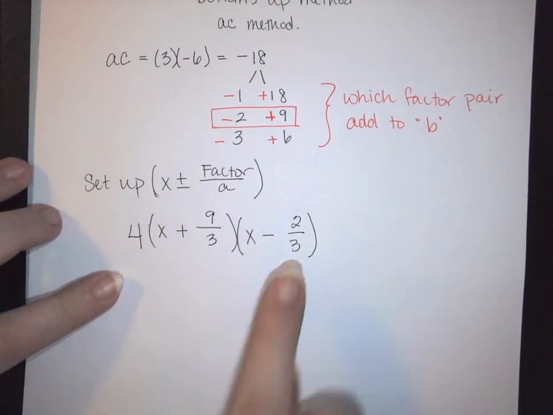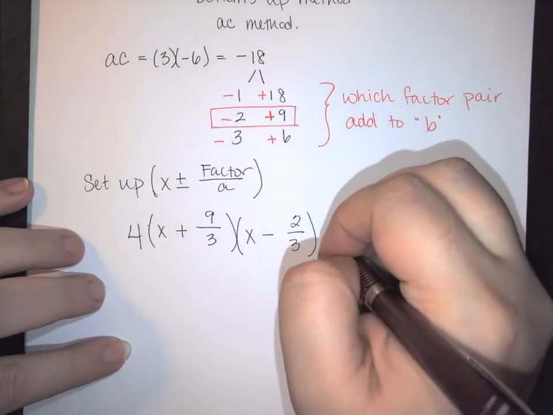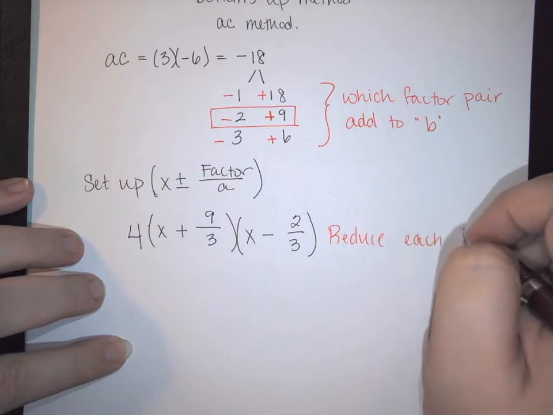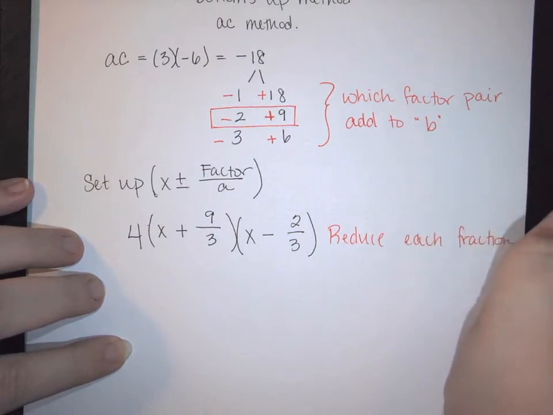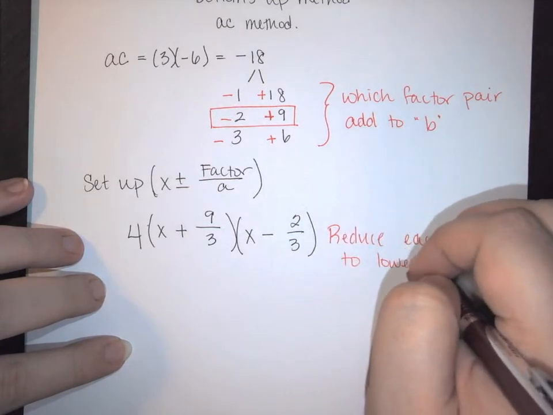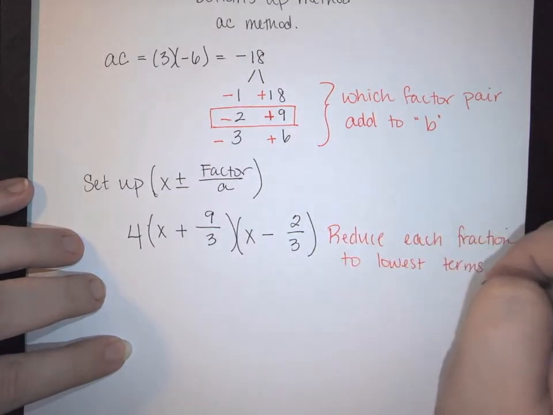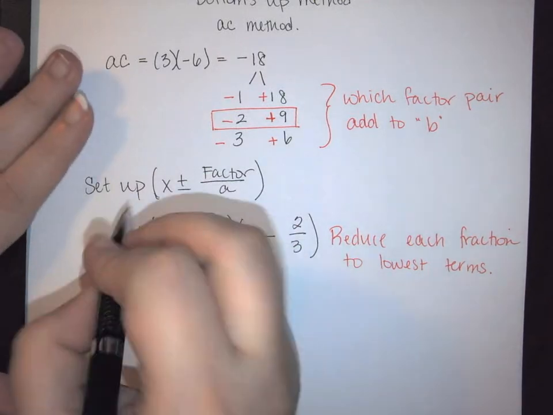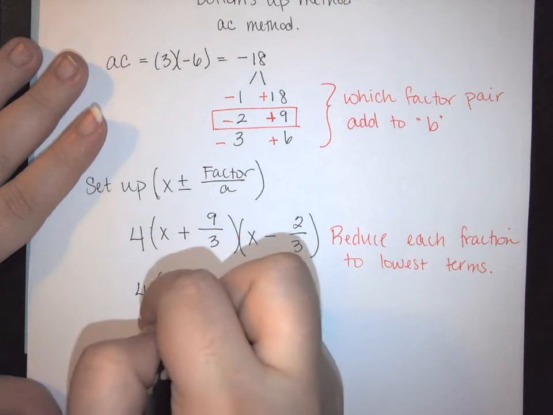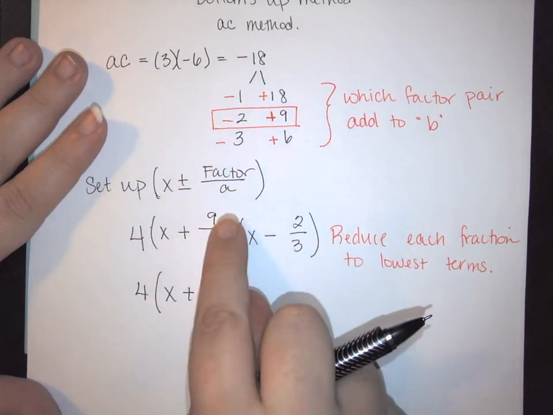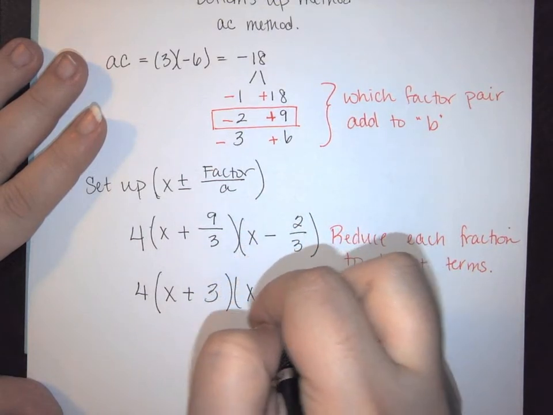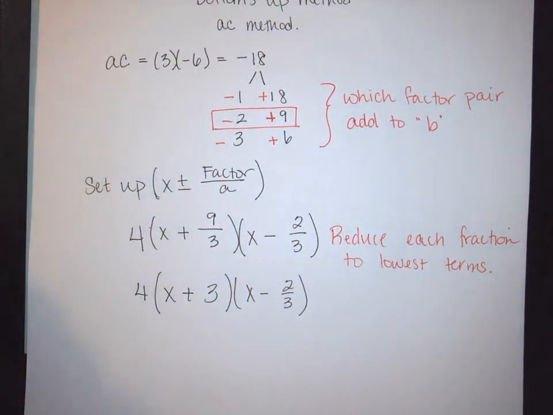And now we're going to reduce. So what we want to do here is you want to reduce each fraction to lowest terms. So here this 4 is going to come along, and then we're going to have x plus 3, because 9 over 3 reduces to 3, and x minus 2/3, because 2/3 won't reduce any.